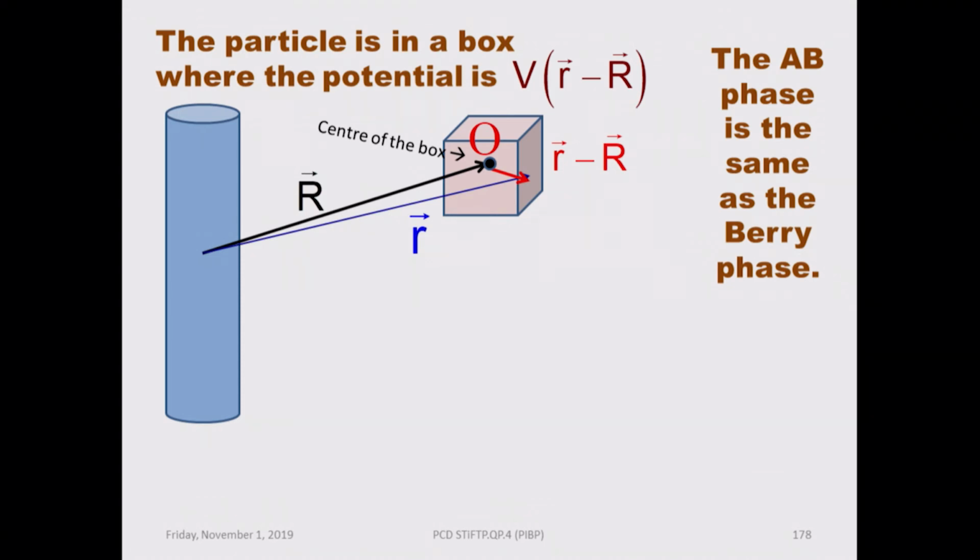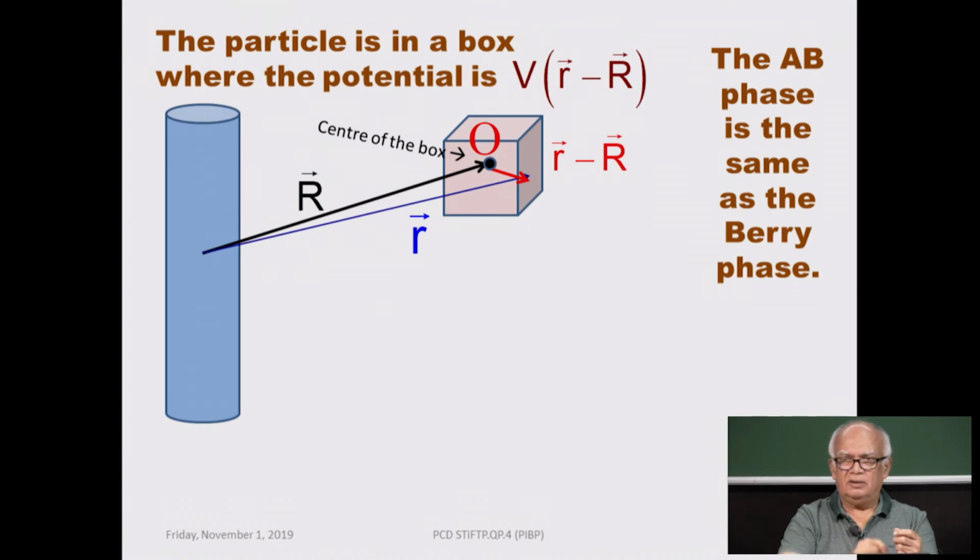So, you consider a particle in a box, and you carry this box around an axis through a full rotation. So, there is something that you are changing geometrically, right, but then you complete that and come back to the original geometry, and the potential inside that box, let us say, depends on the particular point in that box.